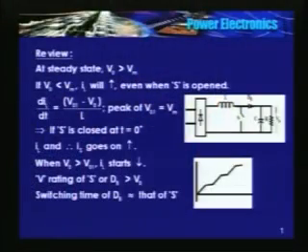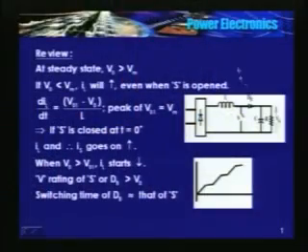So in this circuit, what is the voltage rating of the diode DB and what is the voltage rating of the switch S? We found that when you close the switch, the entire VO appears across the diode. Okay, if you see in this circuit, when I close the switch, this VO appears across DB.